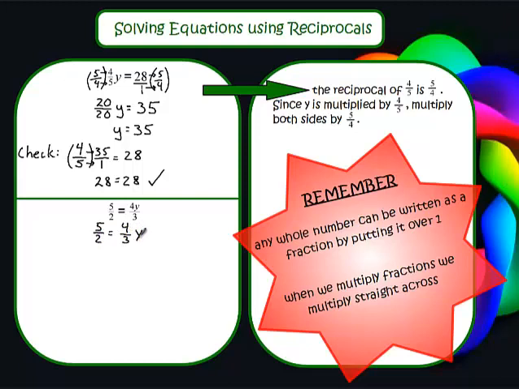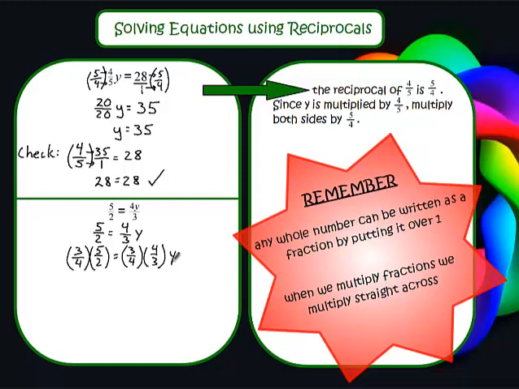Now I can easily multiply both sides by the reciprocal. So the reciprocal of 4 over 3 is going to be 3 over 4. Remember, we just flip it upside down. So 3 over 4, multiply both sides, times 5/2 equals 3 over 4 times 4 over 3 times y.